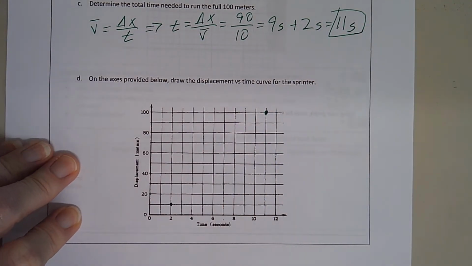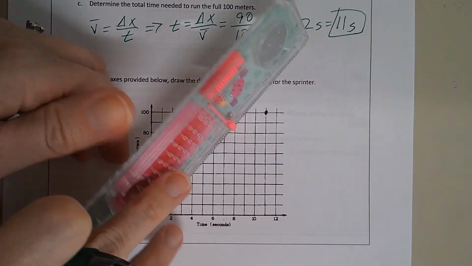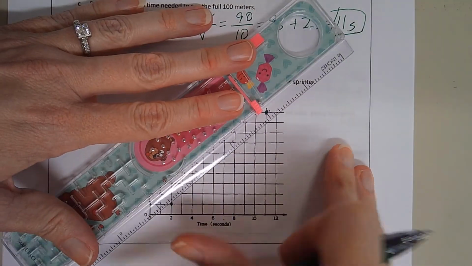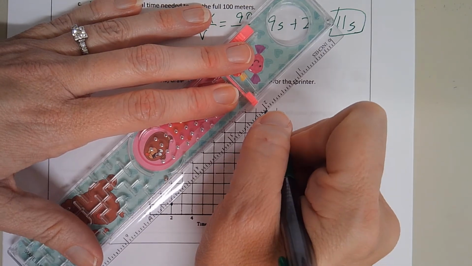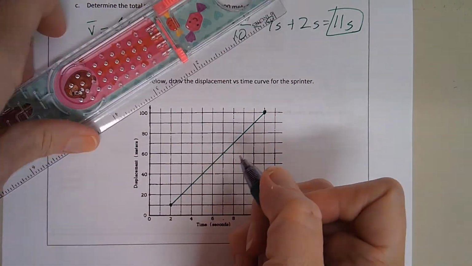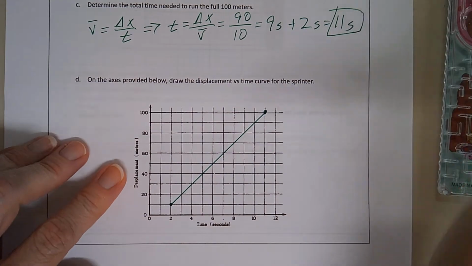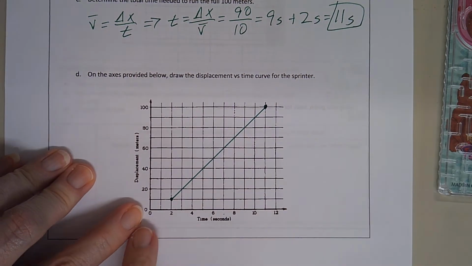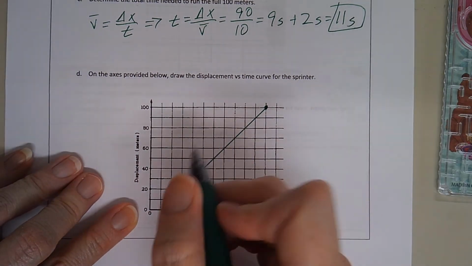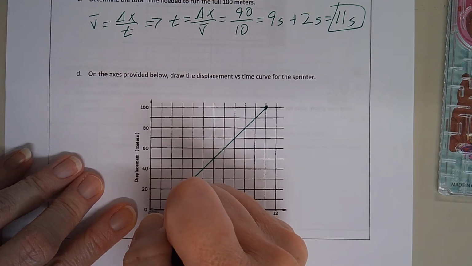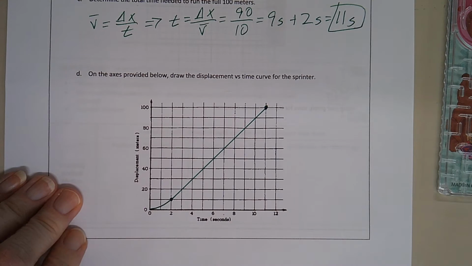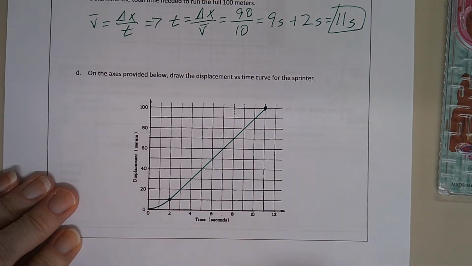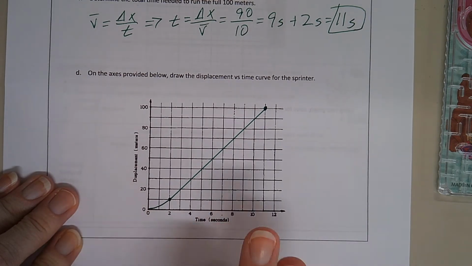So I'm going to start with that, and I'm going to draw a straight line with my little ruler that's really dinky and silly. I know that that's moving at a constant velocity, which means it's going to be a straight line. And then from 0 to 2, it's going to be a little bit of a curve. It's really hard to draw a curve that small, but that's basically what it would look like. So this is your graph of displacement versus time.